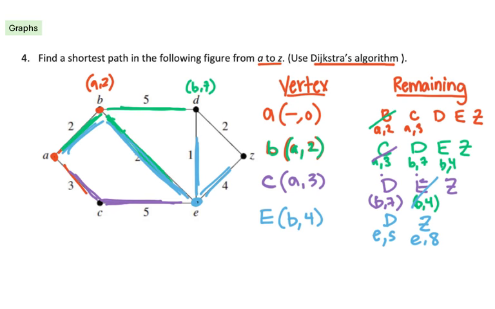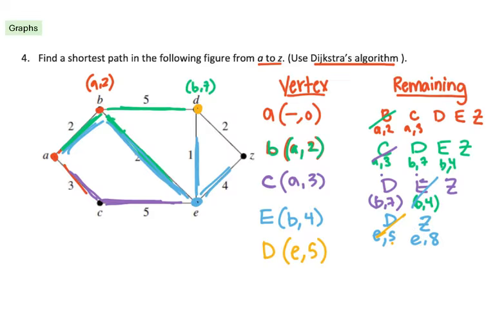All right, now we look at our two vertices, and we see that going to D in 5 is the shortest route so far of the ones that are left over. So we got there in 5, and so now let's see.